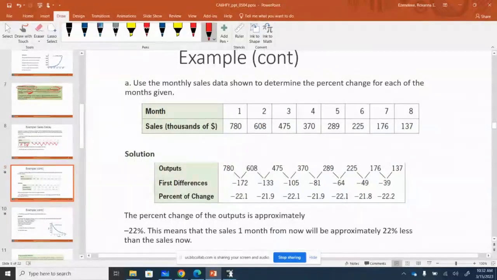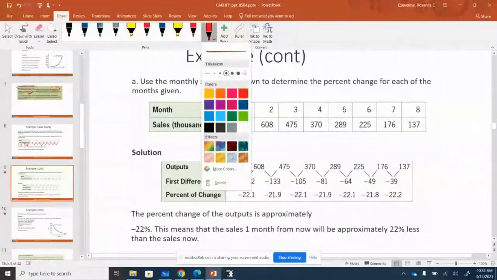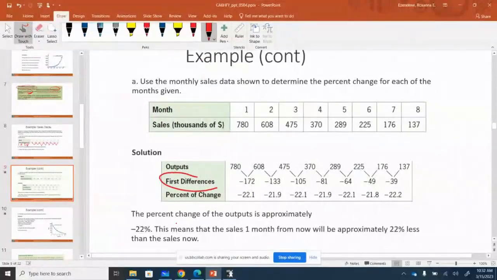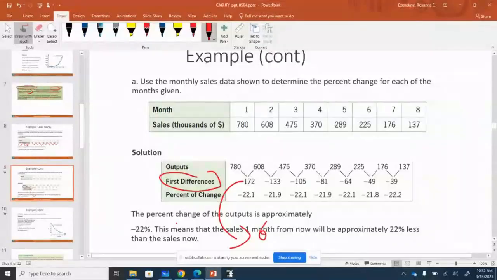But I want you to know that this first difference is found by 608 minus 780, which is negative 172. 475 minus 608 is negative 133, and so on. So second one minus first one. This minus this is that. This minus this is that.